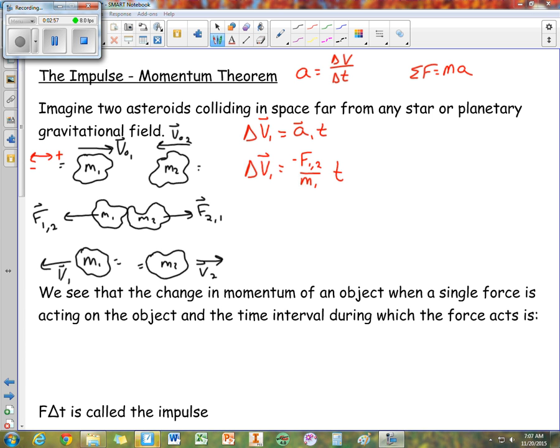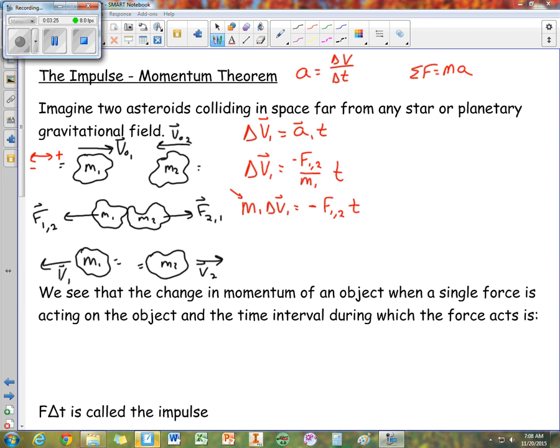Okay, I'm going to rearrange some things here. And I'm going to recognize that I have m1 times this delta v1 right here. Well, m times v is momentum.